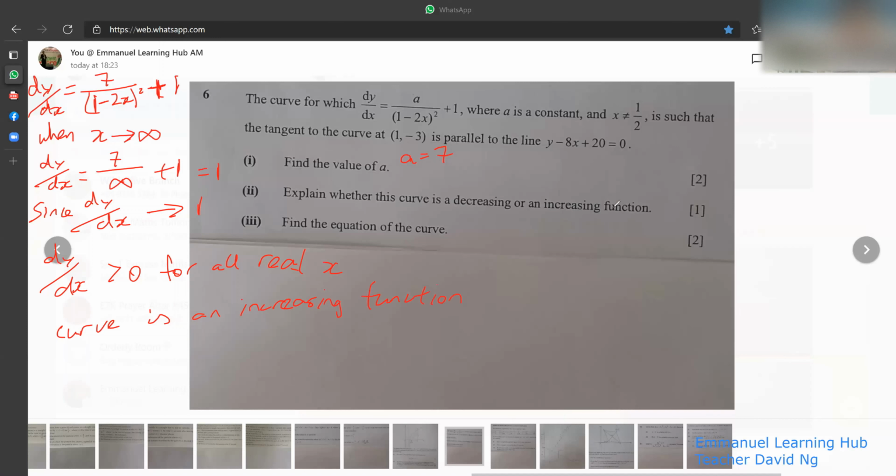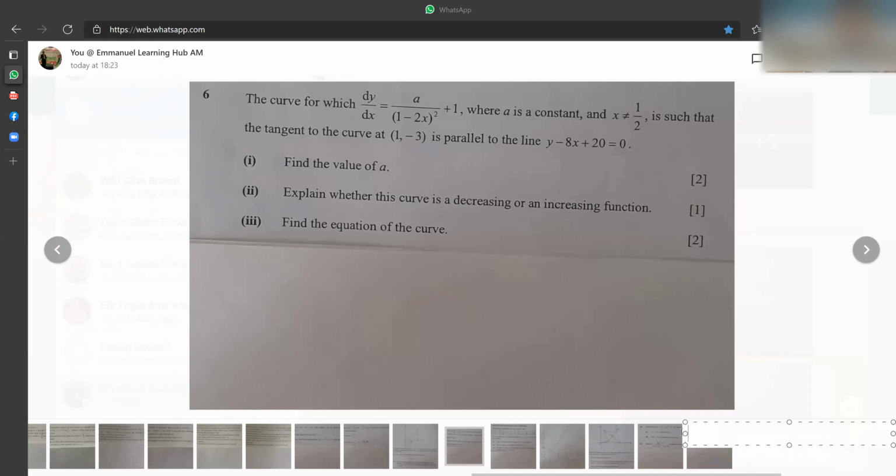So the curve is an increasing function for part 2. Part 3, no need me to show you the steps, right? No. Part 3 you could do. So just only part 2.